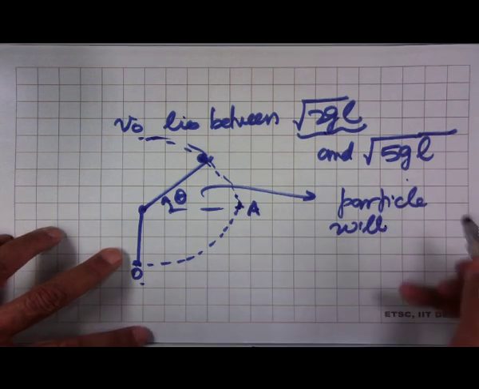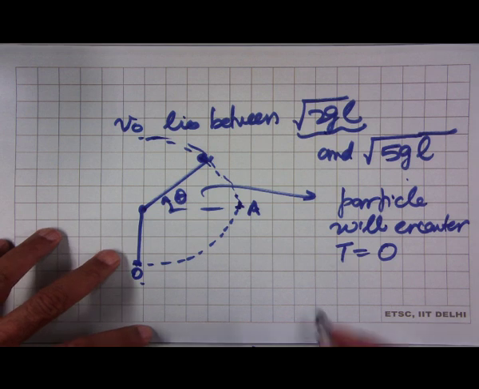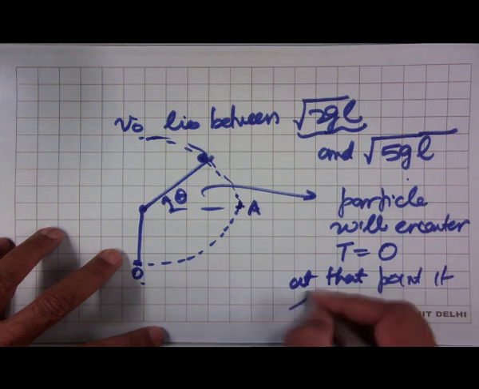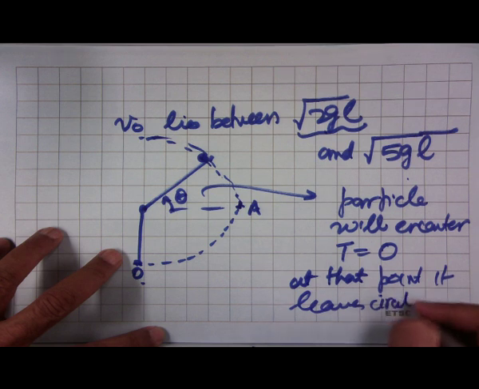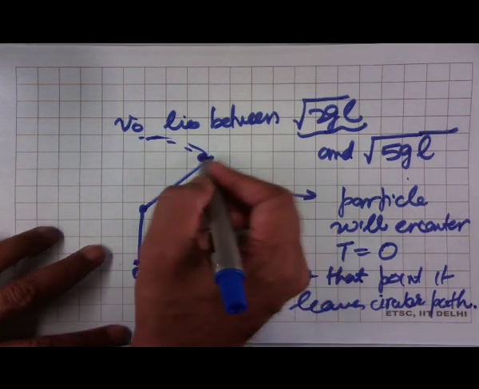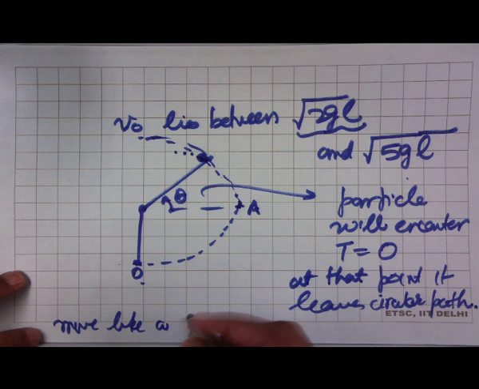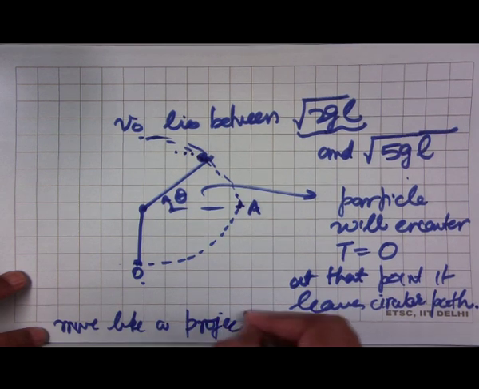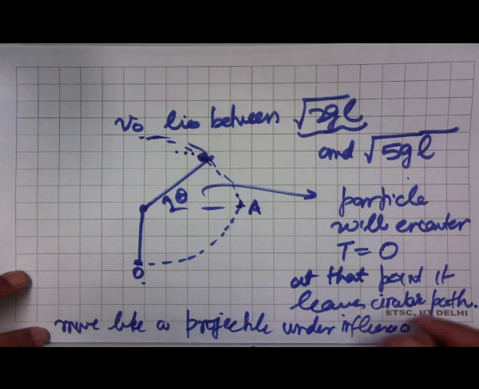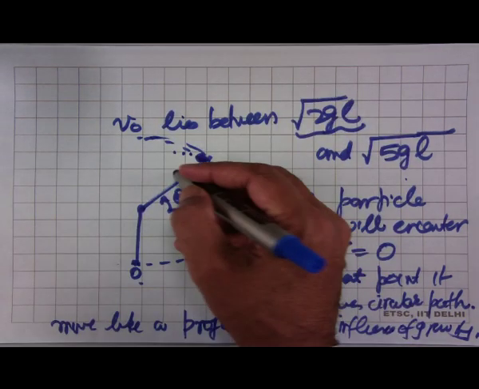will encounter a position where T is equal to 0, and at that point it leaves the circular path. It will leave the circular path and then it will move like a projectile under the influence of gravity, because then the string will fold and tension will be 0.